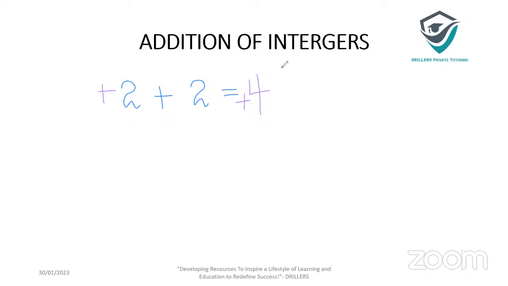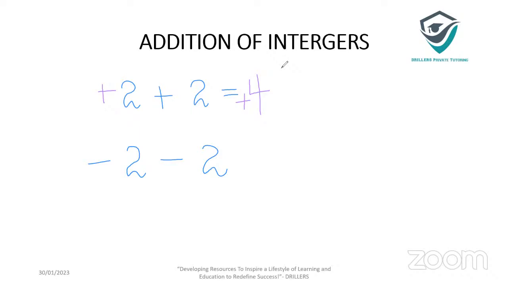What if we had -2 take away 2? That first 2 has a negative sign in front of it, so that's obviously negative.